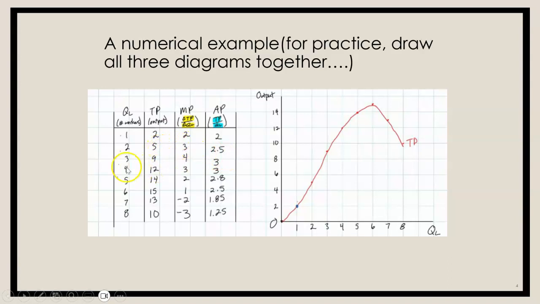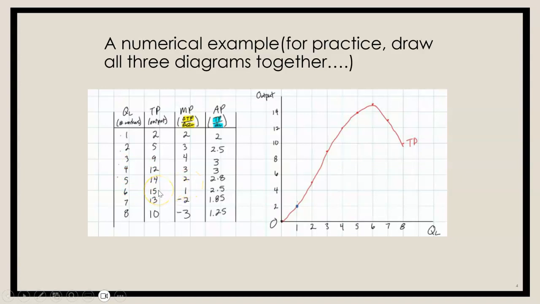For example, if I've got 4 workers and I hire a 5th worker, at 4 workers, my total product is 12. At 5 workers, my total product is 14. So I take the change in total product, which is 2, divided by the change in the number of workers, which is 1. 2 divided by 1 equals 2.